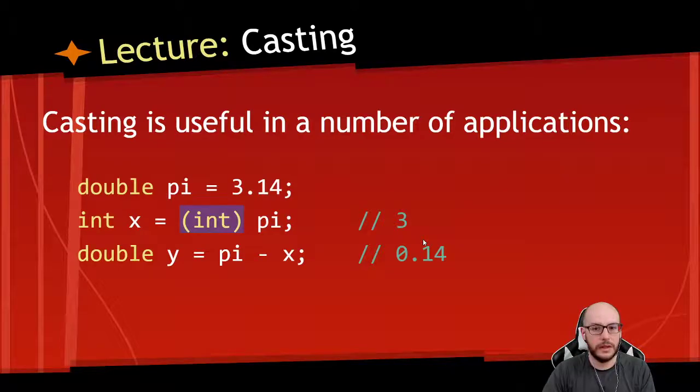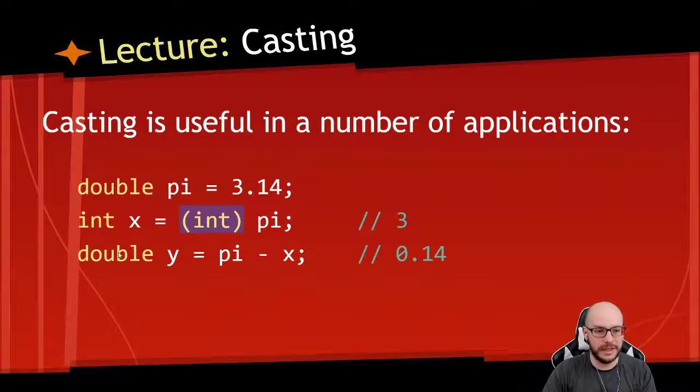This is where it starts to get real useful. Let's take a moment to appreciate this. I have this double pi, and it has the value of 3.14. On the next line, I take pi, and I cast it. That's going to be 3.